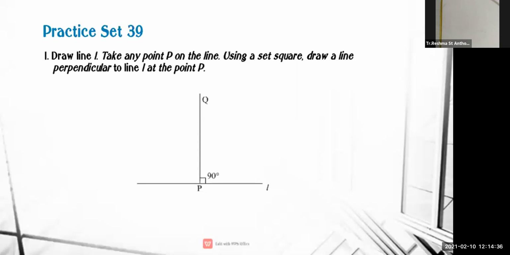Then using a set square, you have to draw a perpendicular line from line L at the point P. Now I will show you how you are going to construct it.